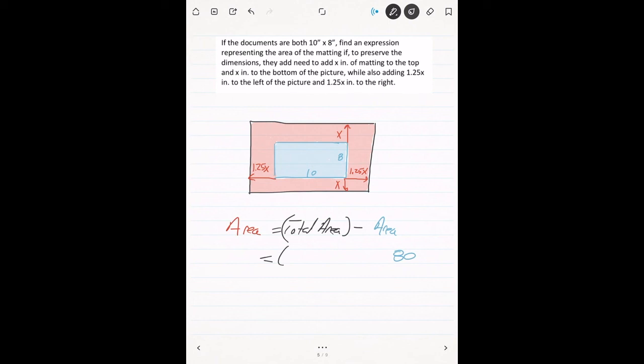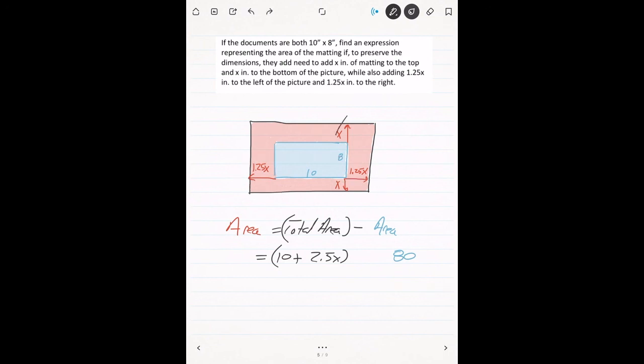The length should be 10 plus 1.25x that I added to the left and 1.25x that we added to the right. Now, these are like terms, so maybe we can add these together. So 10 plus 1.25x plus 1.25x should get me 2.5x. There's the length. That's how long all of this is.